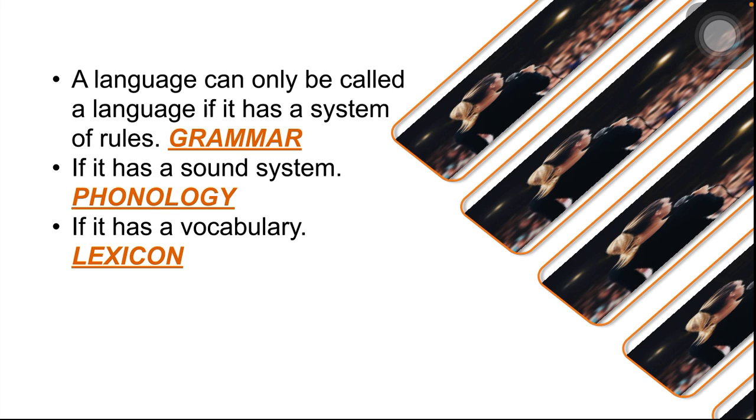Then, a language sound system is what we call phonology, how the word sounds. Next is if it has a vocabulary or a lexicon. The vocabulary or lexicon of a language is very important because without it there will be no language.